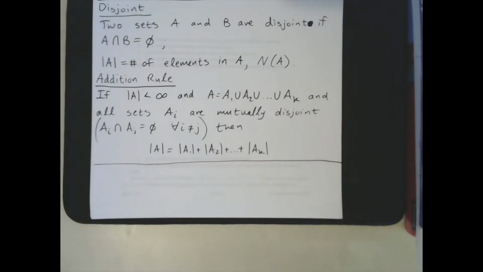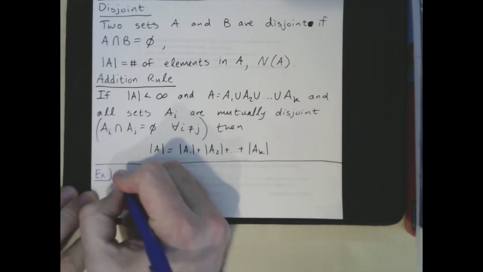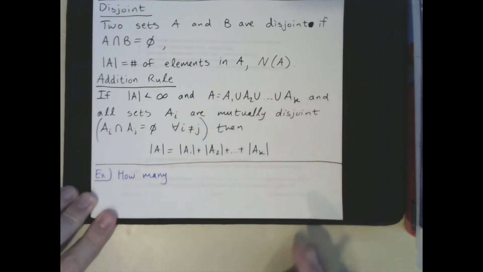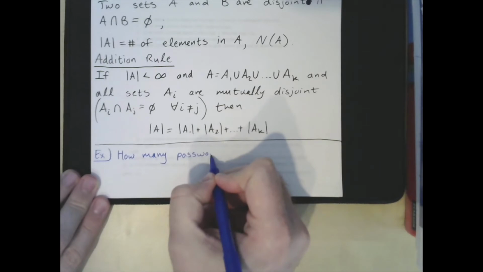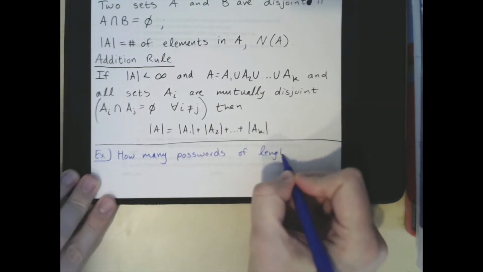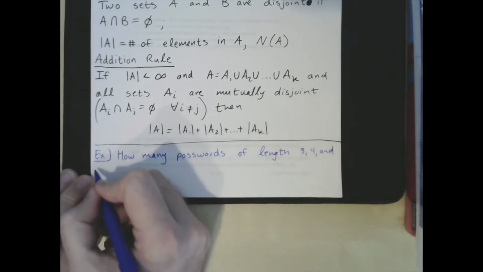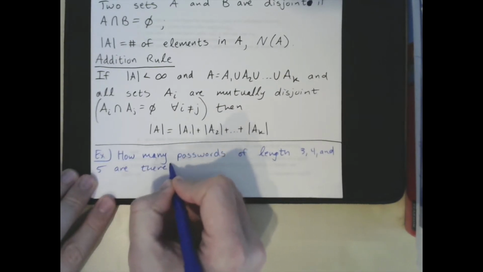We'll stick with passwords for this section since we started them in the last couple. So let's think about how many passwords of length 3, 4, and 5 are there.